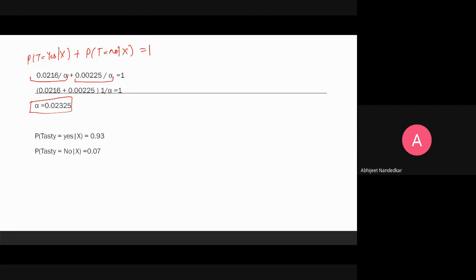So if I substitute alpha in the probability of taste equal to yes given x, which was I think 0.0216 divided by 0.2325, then probability of taste equal to no given x, this was 0.00225 divided by 0.2325.